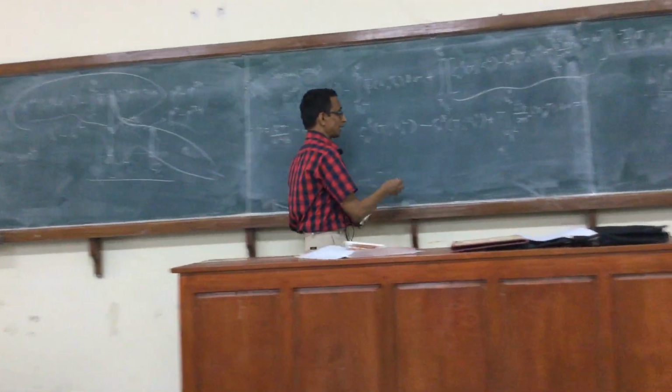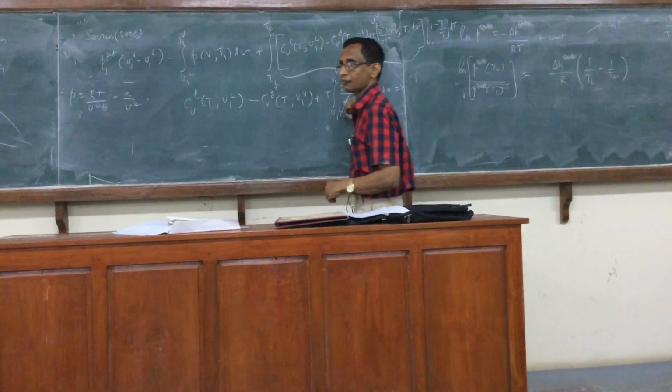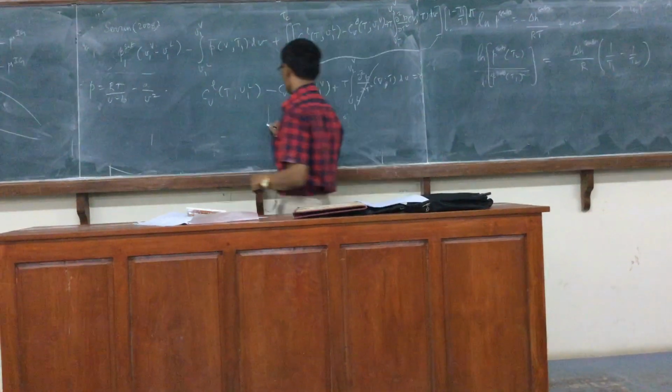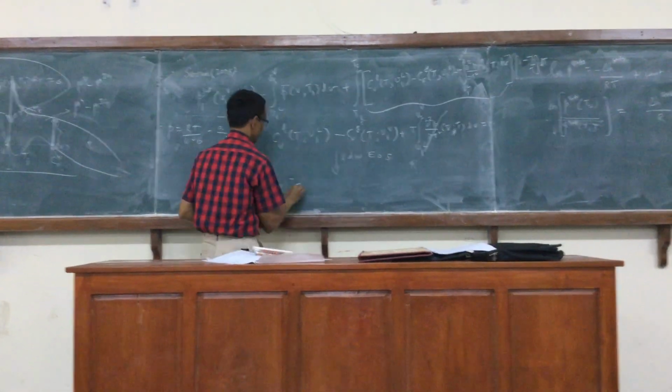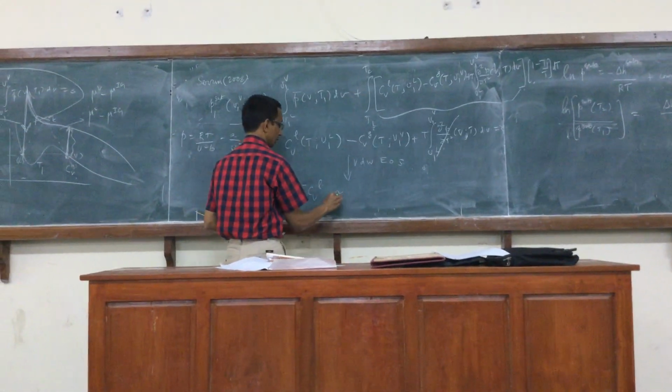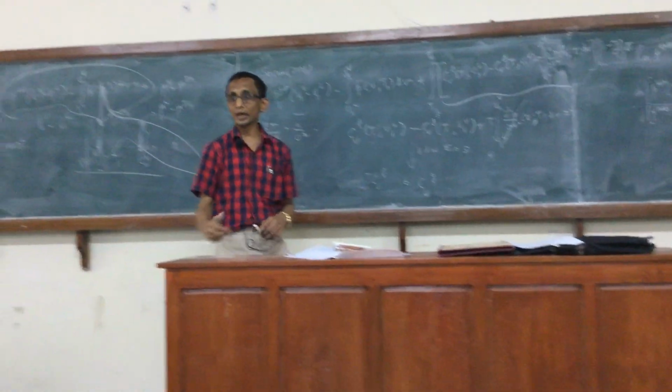Right? So for the van der Waals equation of state, this integrand itself vanishes. So again, for the van der Waals equation of state, the condition is effectively CVL is equal to CVG. That's what I get.